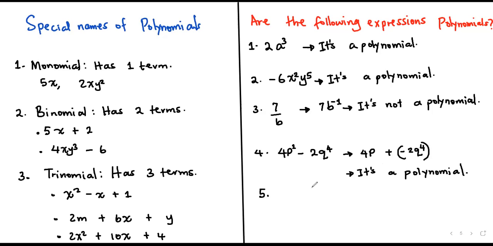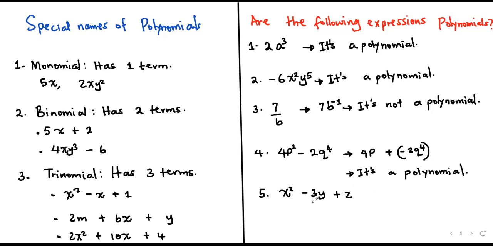Now, let's have another one. X squared minus 3y plus z. So you see that the exponent of x is 2, the exponent of y is 1, the exponent of z is 1. That is okay.